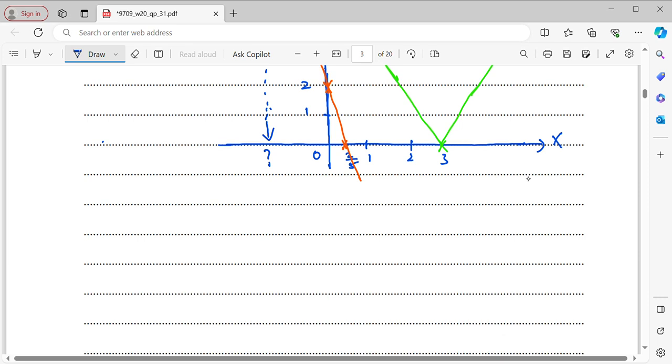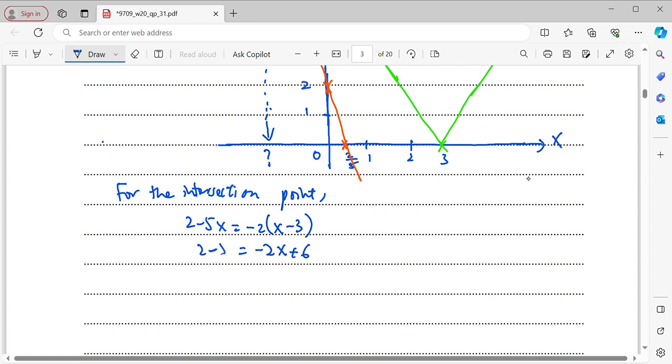For the intersection point, 2 minus 5x equals negative 2 of x minus 3. Then from here, I will do expansion. The right side will be negative 2x plus 6, and the left hand side 2 minus 5x.